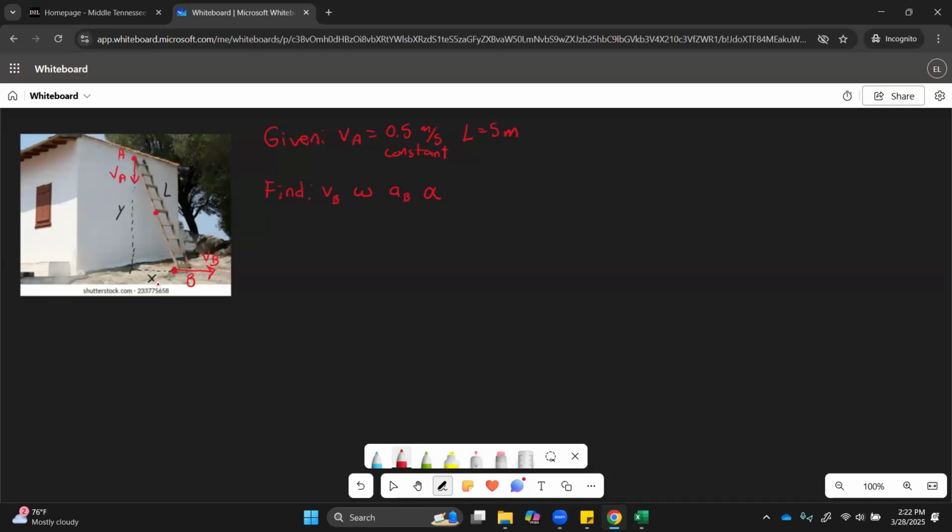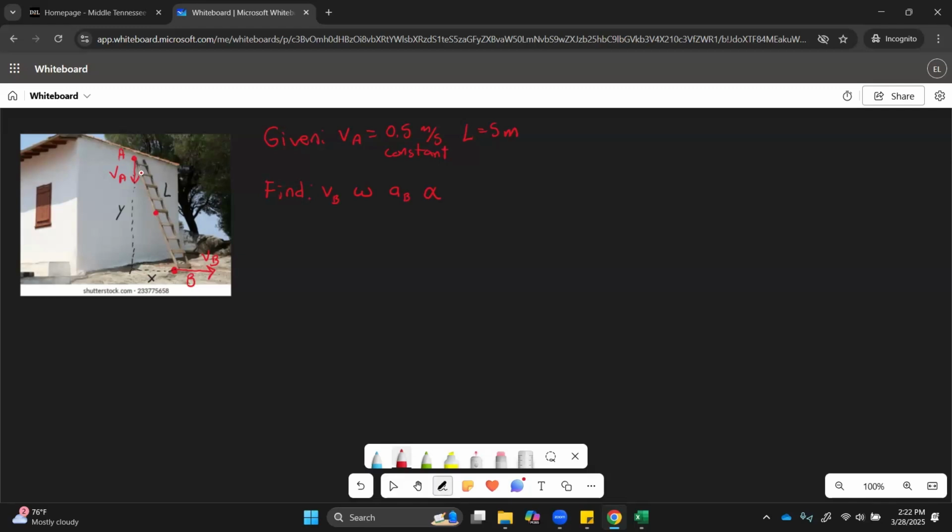So when the ladder is right smack up against the wall, well, in that situation, it wouldn't start sliding at all if it was really right up against the wall. But if it's at that point and then it starts to slide down, then for whatever VA is, B is going to be going at a very, very fast speed.